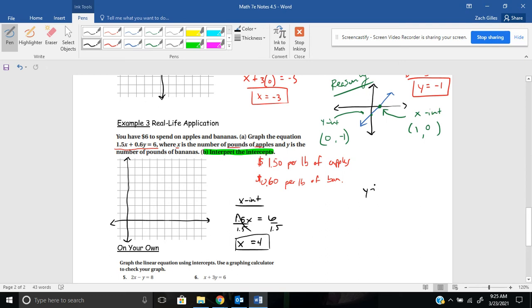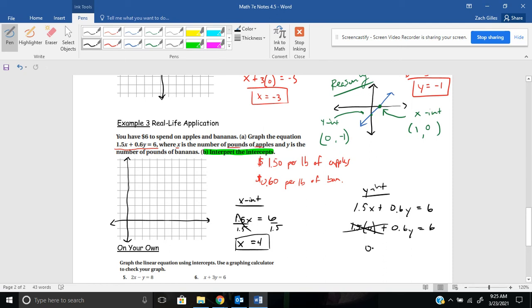And my y-intercept, I'll show a little bit more work on this one just to make sure you get it. So 1.5x plus 0.6y equals 6. Again, when I'm looking for my y-intercept, I'll substitute in 0 for x. So 1.5 times 0 plus 0.6y equals 6. 1.5 times 0 is 0, so that's nothing.